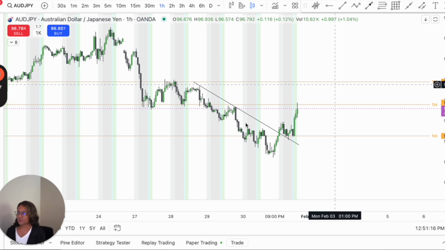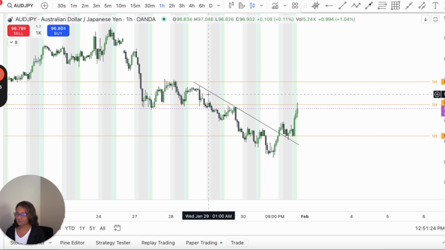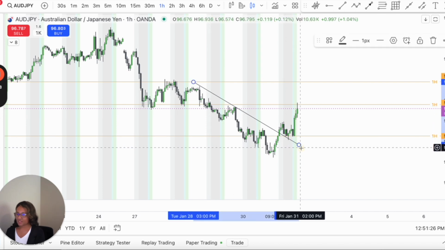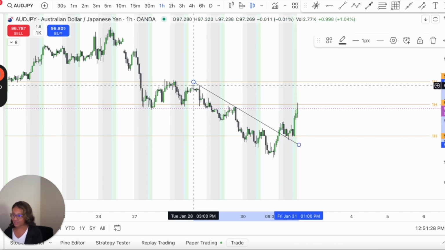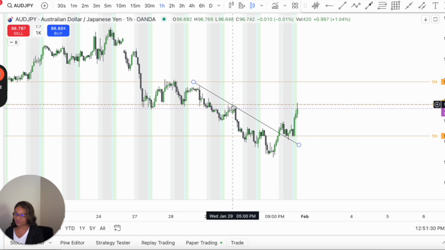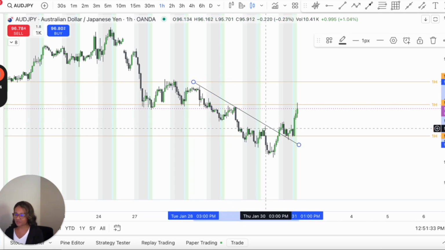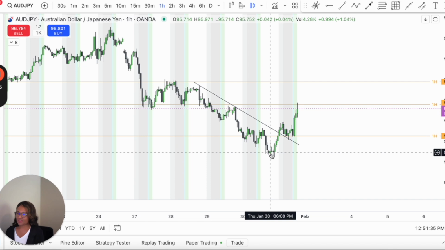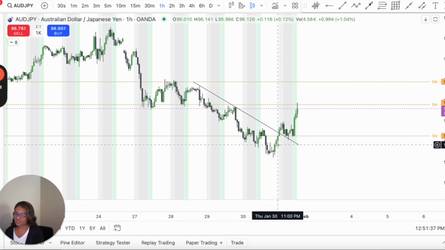But here is AJ on the 1 hour time frame, and we have drawn our trend line here. We started here, and we've drawn it to end down here. We can see that we've had 3 touches: 1, 2, and this can count as a third one. Then we see that price broke this 1 hour trend line.